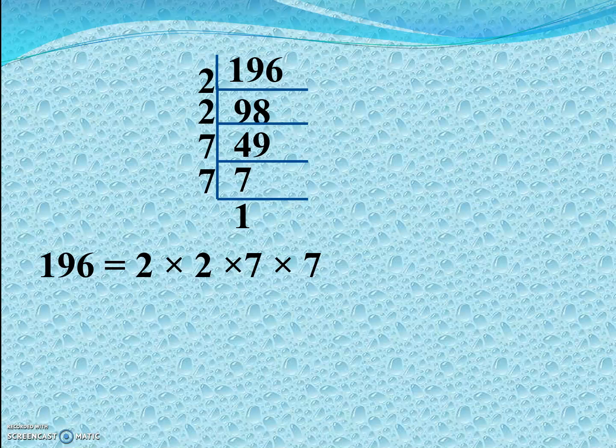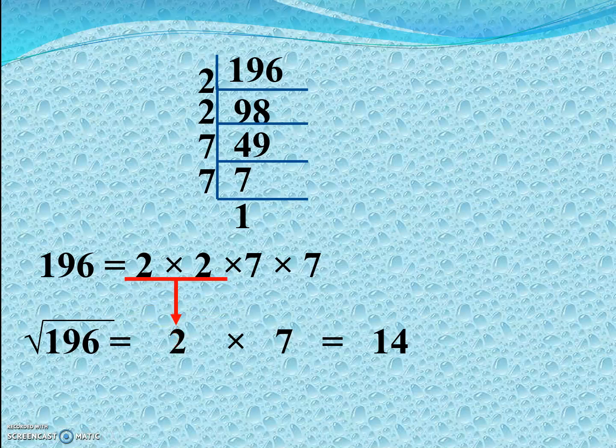Now while we find out the square root, we will take each digit that is repeated only. Here 2 is repeated 2 times, so we'll take 2. 7 is also repeated 2 times, we'll take 7 also. Remember students, we take only the digits that are repeated.